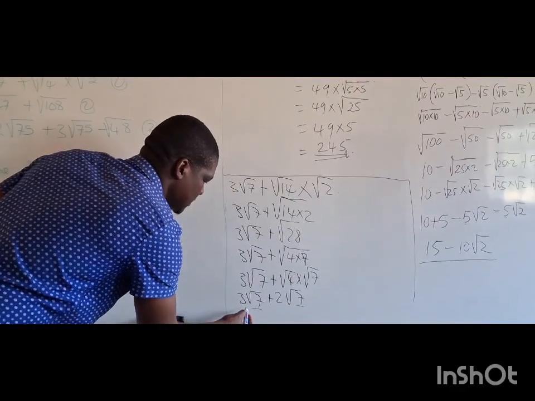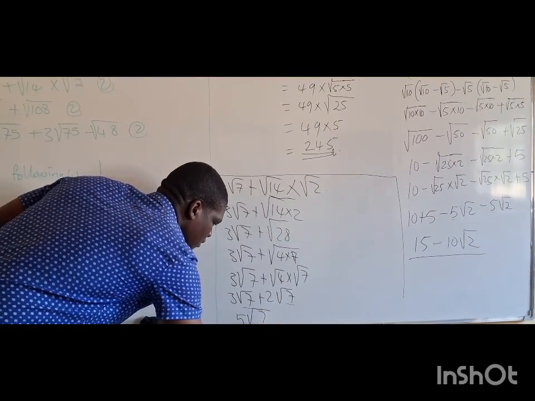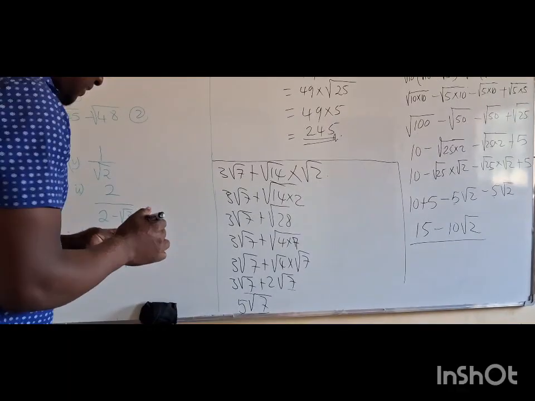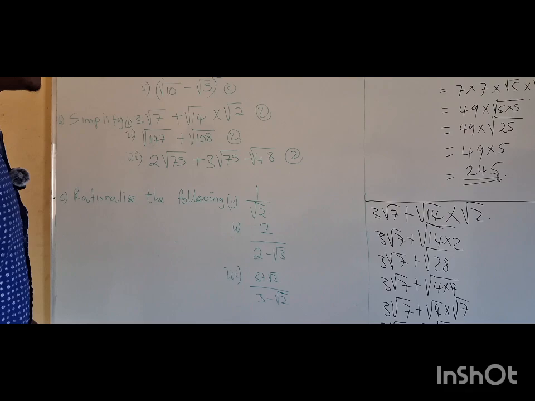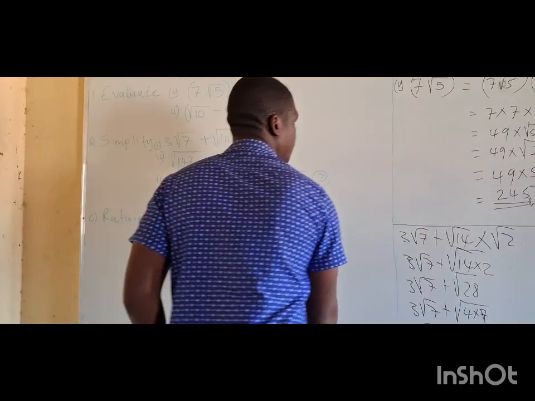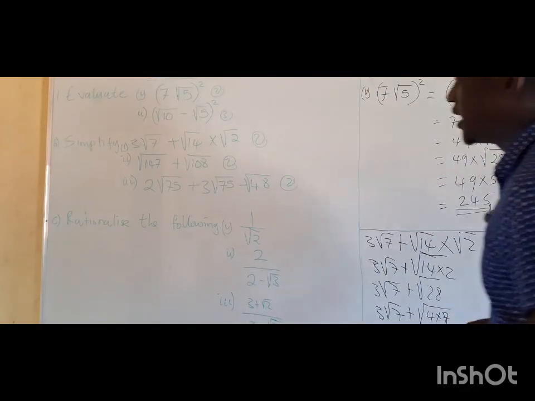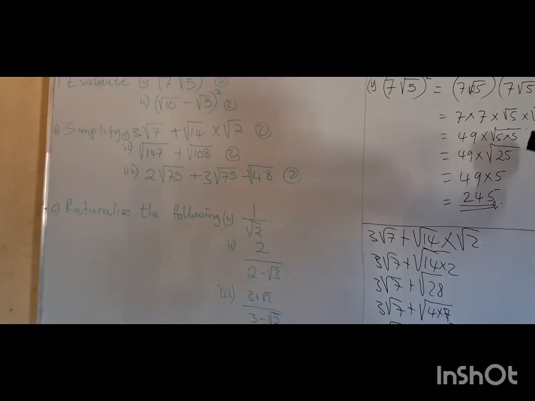Like terms. So we are saying 3 plus 2, which is 5 root 7. That is our answer. Then item 2 and 3 as your task to do. You do item 2 and 3, and I'll do item C there.